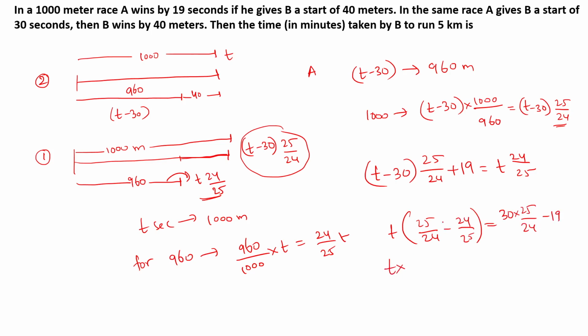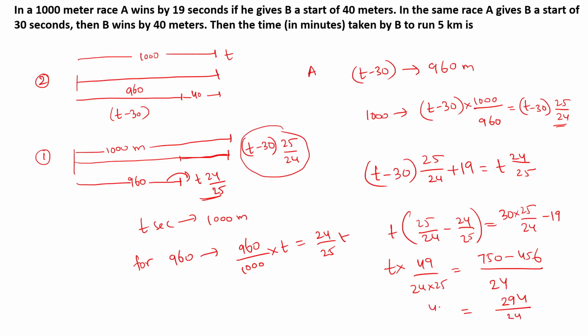So t into this will be 25 square minus 24 square. Using a square minus b square, 25 minus 24 into 25 plus 24, that is 49 by 24 into 25, is equal to 30 into 25, 750, minus 19 into 24, which is 456, by 24. 750 minus 456 comes as 294 by 24.